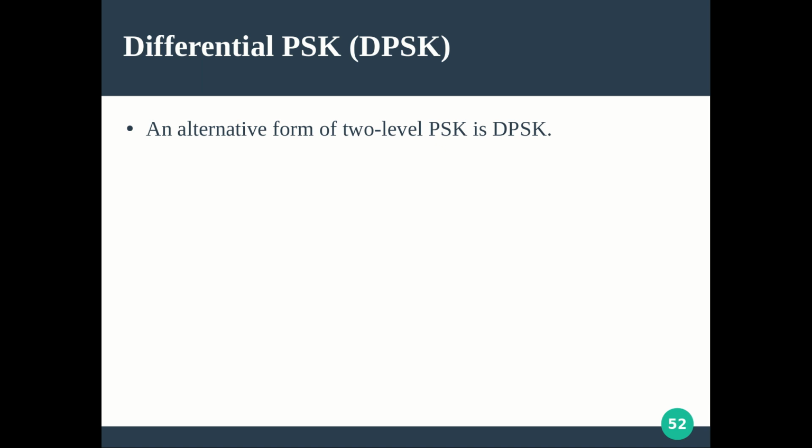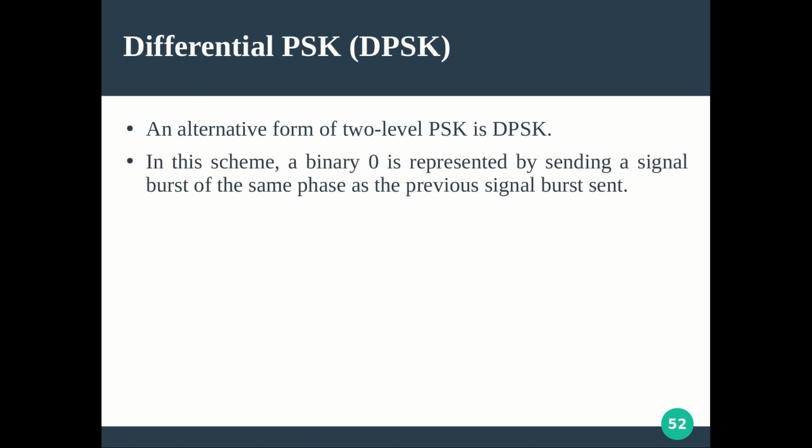An alternative form of two level, and this is again two level only because two different phases are used, two level or binary phase shift keying is differential phase shift keying. In the scheme, a binary 0 is represented by sending a signal burst of the same phase as a previous signal burst. So whenever 0 is coming, the current information is 0, we are just repeating the previous pattern.